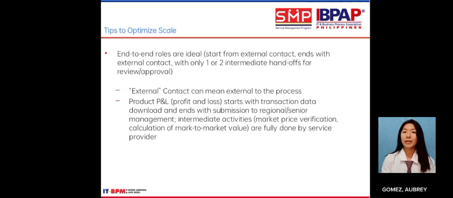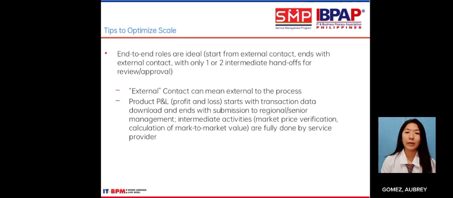And also another tip to optimize scale: end-to-end roles are ideal. They start from external contact and end with external contact, with only one or two intermediate handoffs for review and approval.